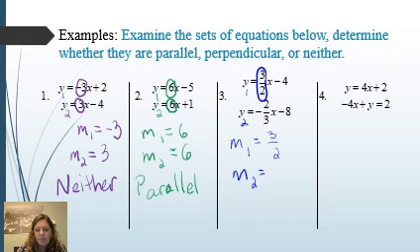So m2 is equal to negative 2/3. Notice that in none of these examples have I written down the x. The slope is the coefficient next to the x. So one of these is positive, one is negative. 3/2, its reciprocal is 2/3. So these lines are perpendicular.